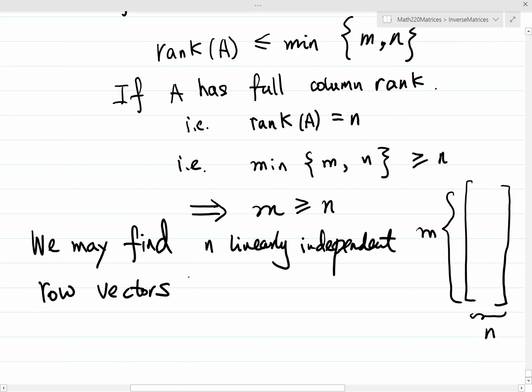By row operations, we can switch the positions of rows and then use row operations to reduce A. We can transform A into this matrix.